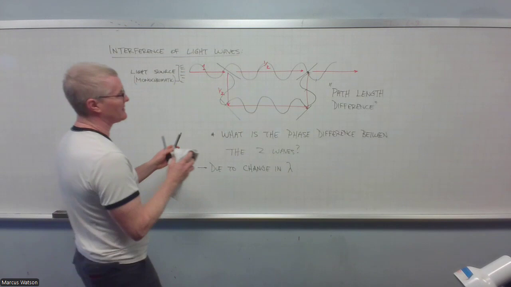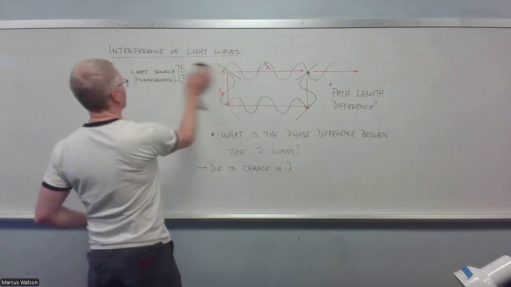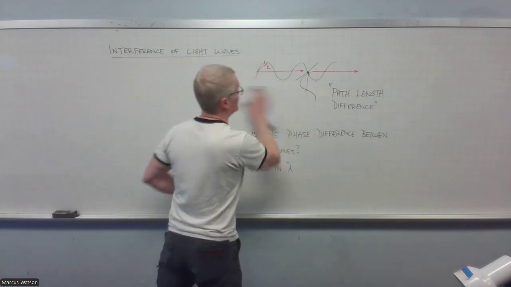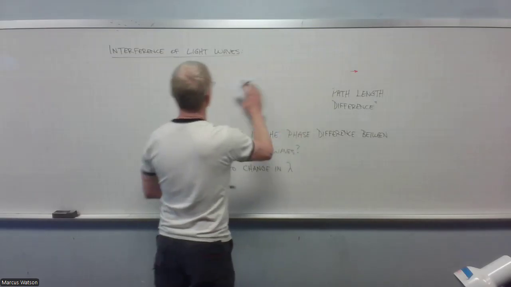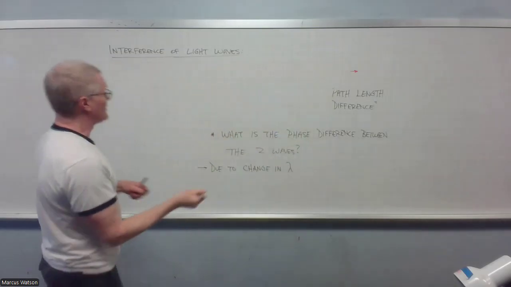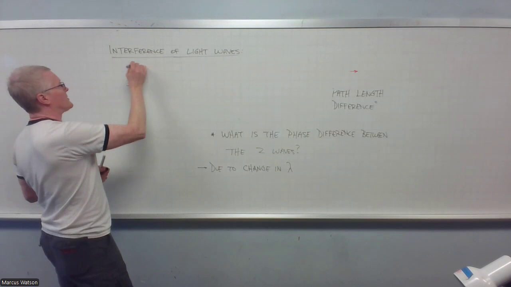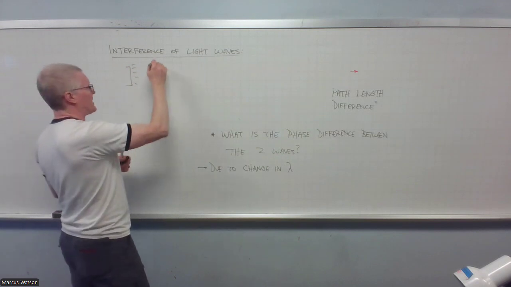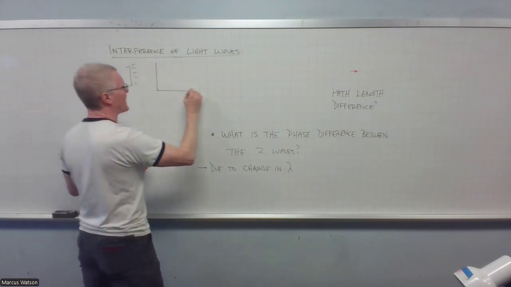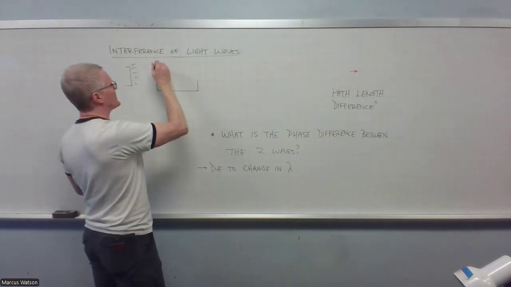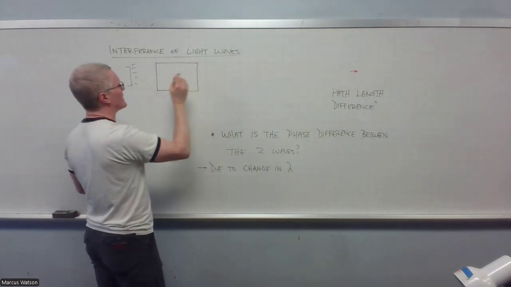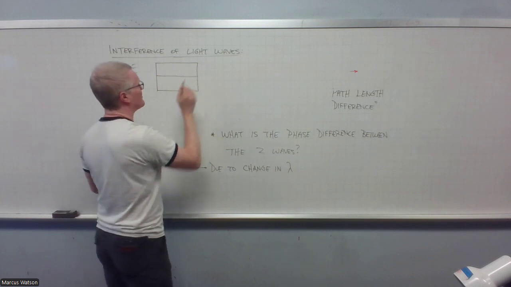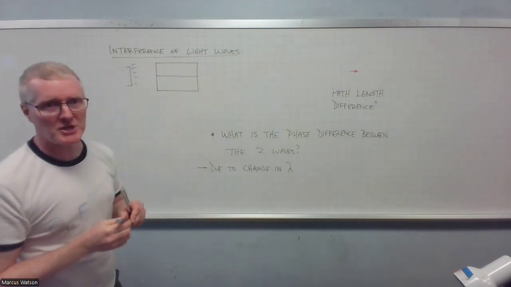So what that would mean, so this is one answer. Here's another answer. I'm going to do the same thing. Monochromatic light source. I'm going to have 2 blocks stacked on top of each other, like this, but they have different index of refraction.